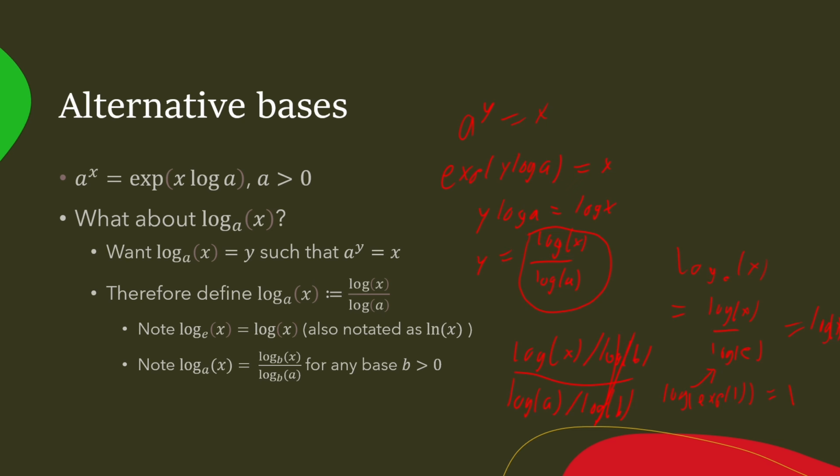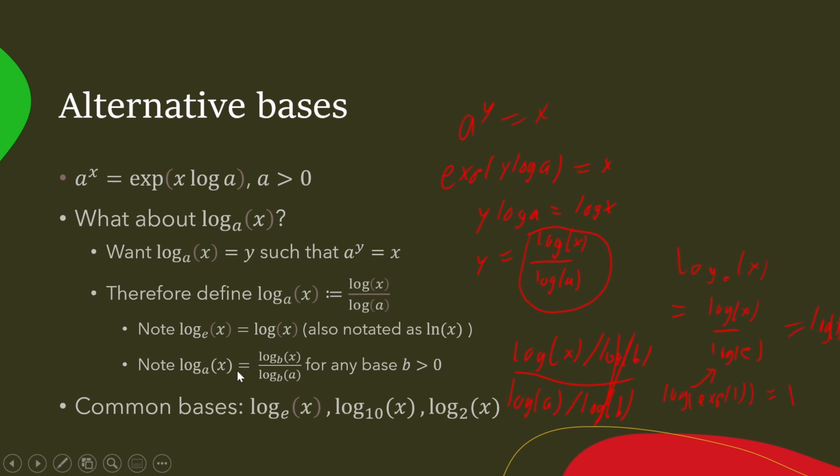Now, in principle, we can use any base b that we want, but in practice, the most common bases that you'll see are the ones listed here. So log base e of x, for obvious reasons, that's what we've been working with. Also log base 10 and log base 2.